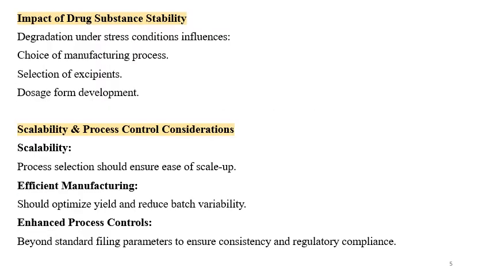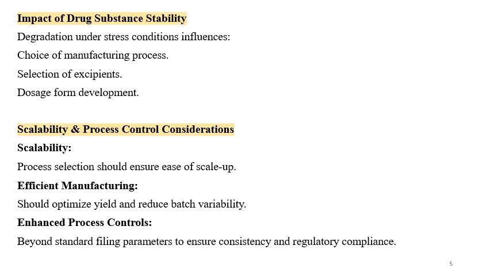Impact of drug substance stability. Degradation under stress conditions can influence the choice of process, selection of excipients, and dosage form development. If API is sensitive to moisture, you should select the process which is dry in nature, that means DC process or RC process, or you can go with non-aqueous solvents.